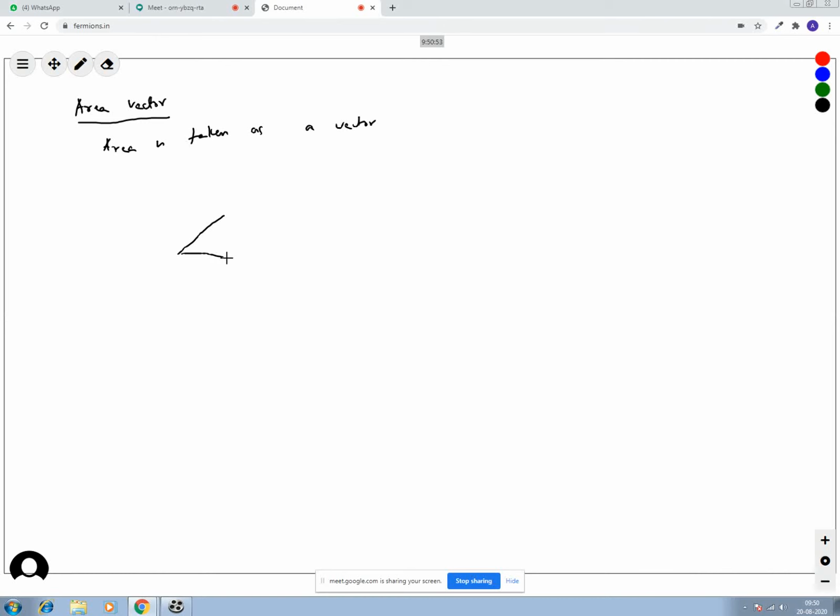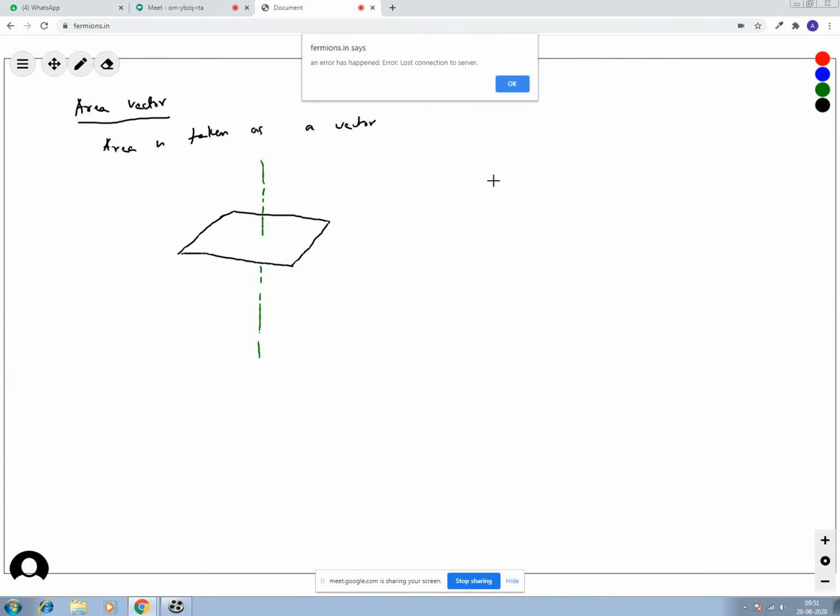Consider any surface. If you look closely, this surface has two faces, this face and that face. In many situations area will be used to find many other physical properties, for example current density, electric flux, magnetic flux.